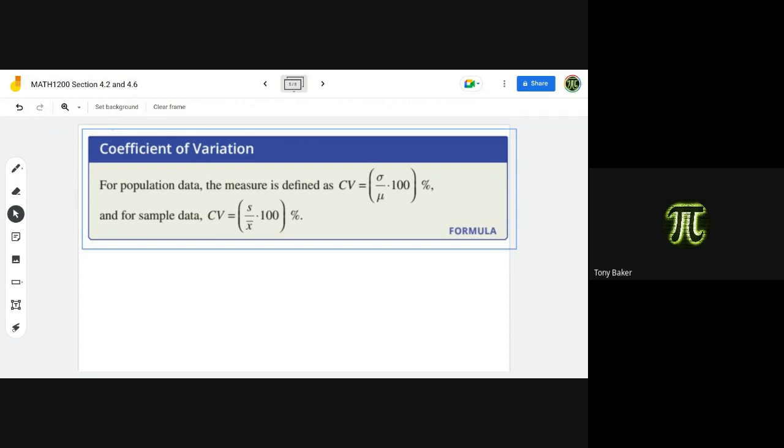Notice we do have two different formulas. They're actually the exact same formula. The symbols are the only thing that are different. These are the symbols that you use for population. If you're looking at a sample, the s is standard deviation and the x with the bar over it is the mean of your sample.